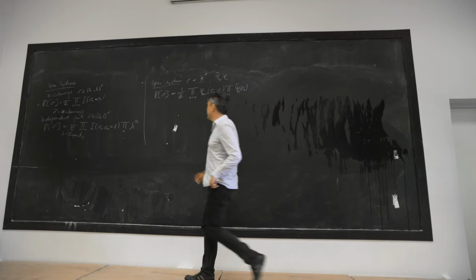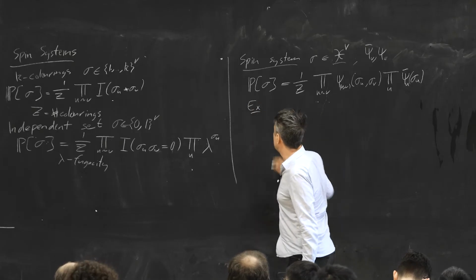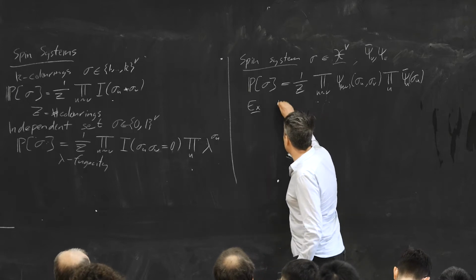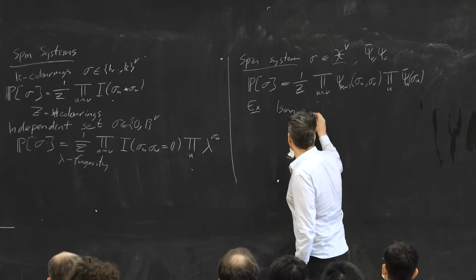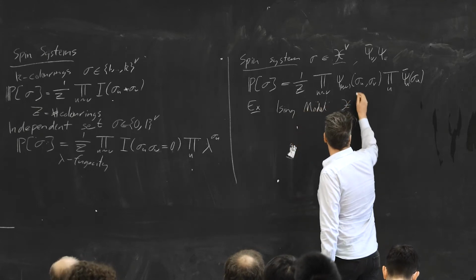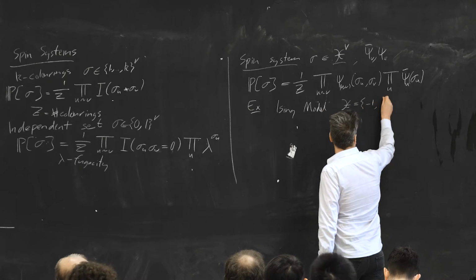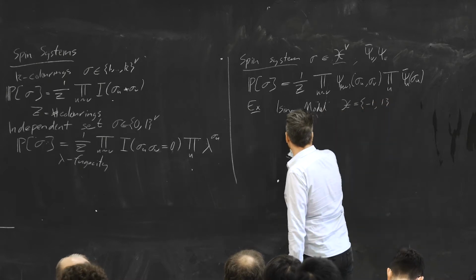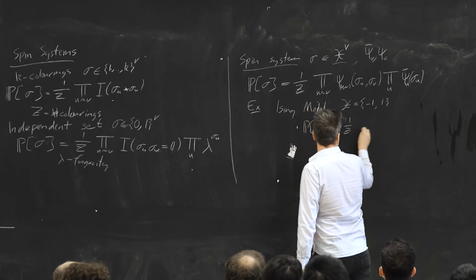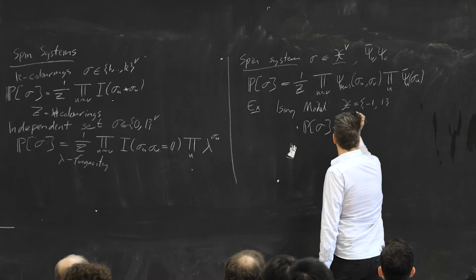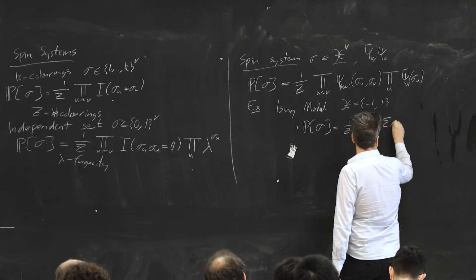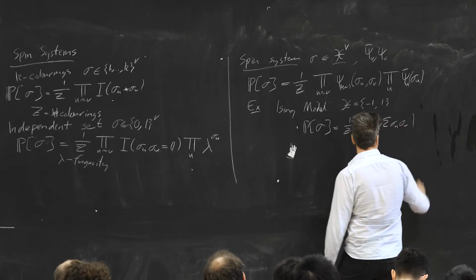Okay, and so lots of things fit into this class. Models many of you will have seen, like the Ising model: you have a +1 and a -1 on each vertex, and the weight involves sigma u, sigma v.